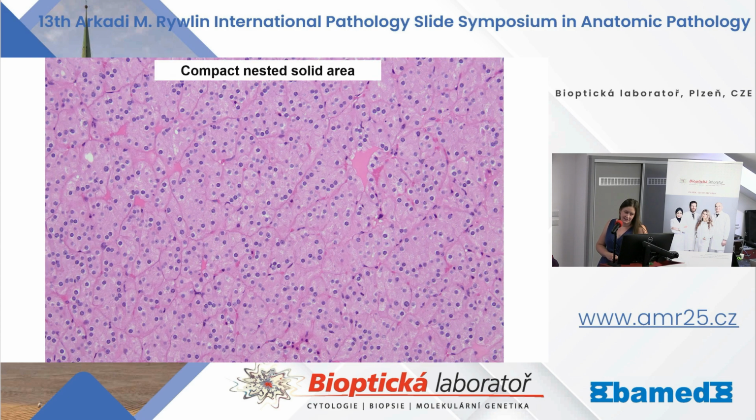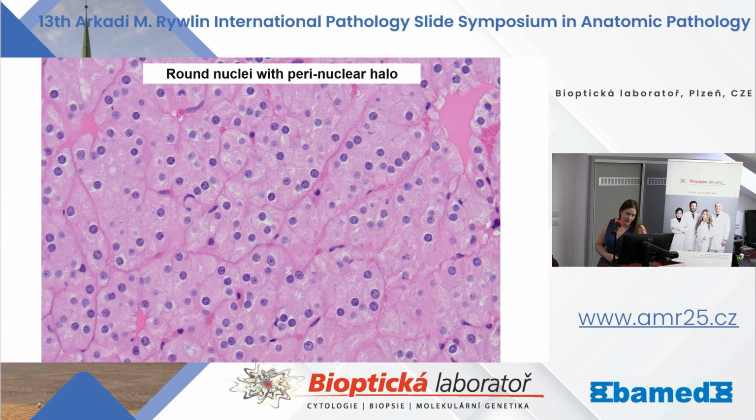Here you can see the high magnification of the solid area. You can see compact solid nests which contain cells with finely granular eosinophilic cytoplasm. Probably you can appreciate that the nuclei were oval to round and that there were no irregularities, but you can see the perinuclear clearing in these cells.